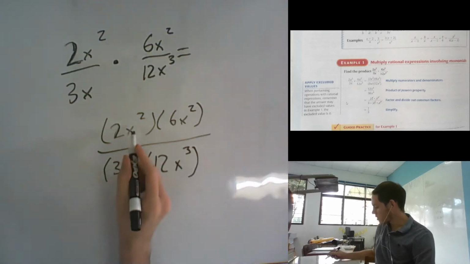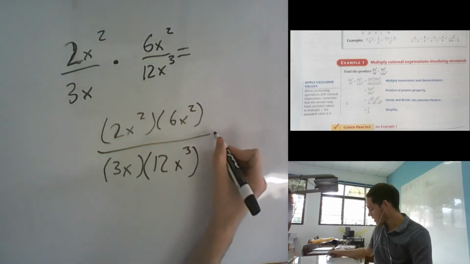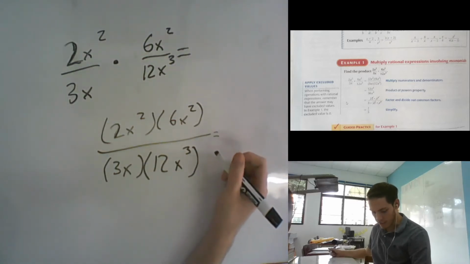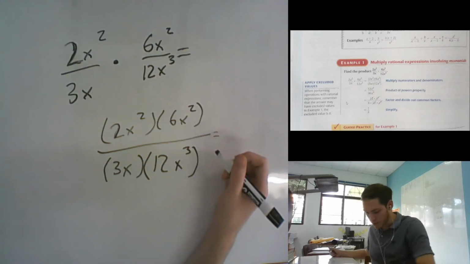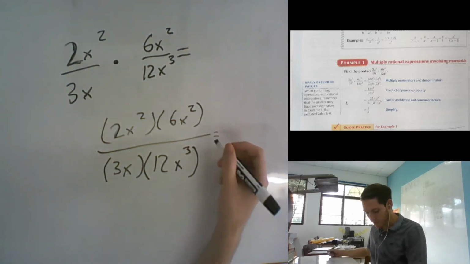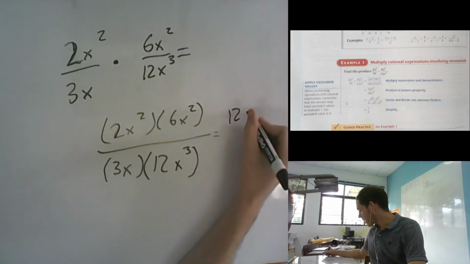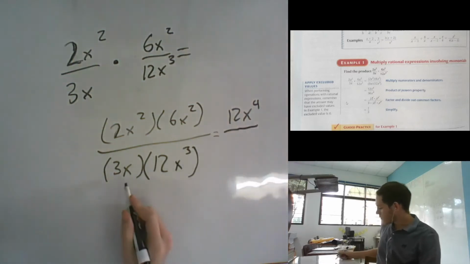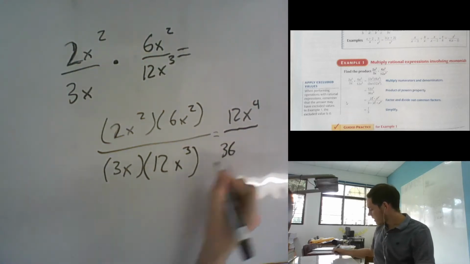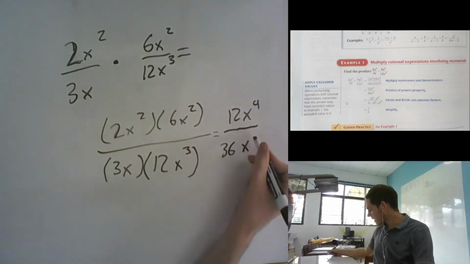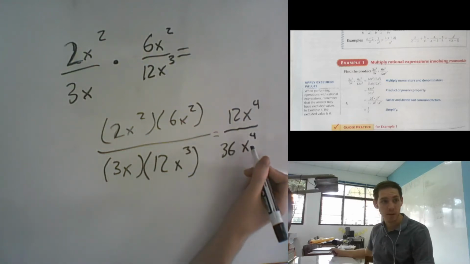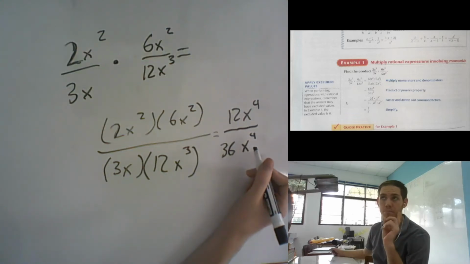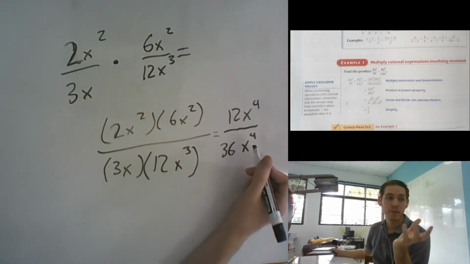So we multiply the 2 times 6, and we get 12, and x squared times x squared is x to the 4th. Now, the bottom, 3 times 12 is 36, x times x cubed is x to the 4th, because you just add powers. You could simplify beforehand, but you don't want to make a mistake, especially when we start to see division.